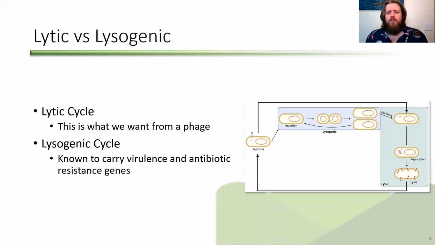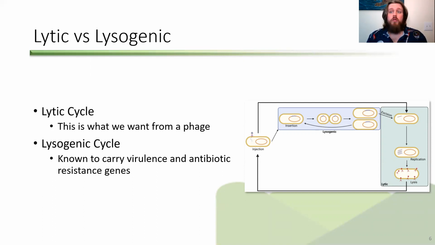We generally think of this as something that inserts itself into the genome or the chromosome. So it'll take its DNA, use an integrase to physically put itself into the bacterial genome, and replicate with it through maintenance, as that's called, until it gets a signal called induction, where it will then switch to the lytic cycle. Phages that can undergo the lytic and the lysogenic cycle are called temperate phages.